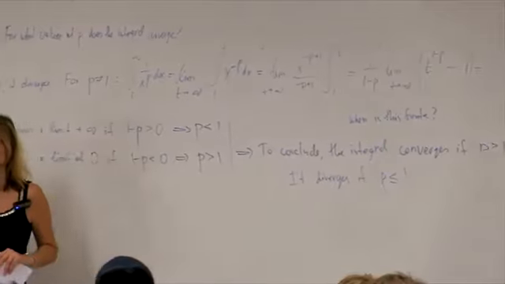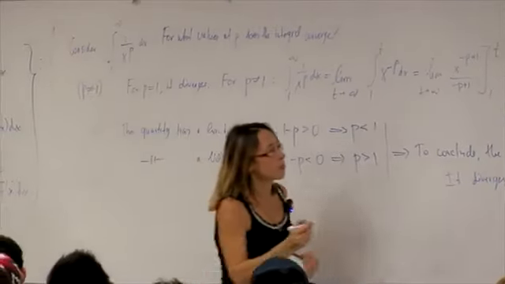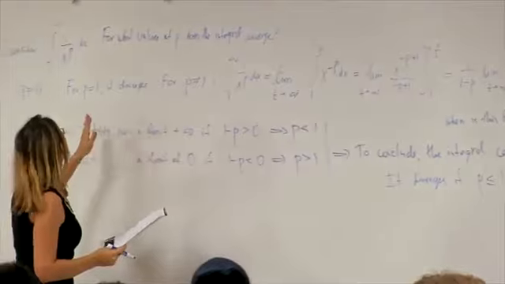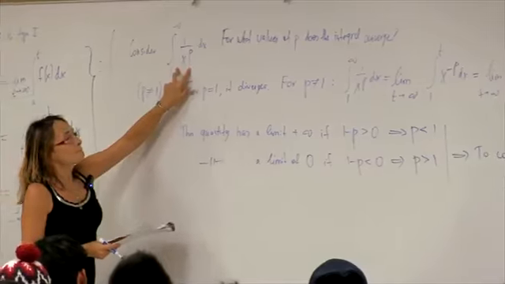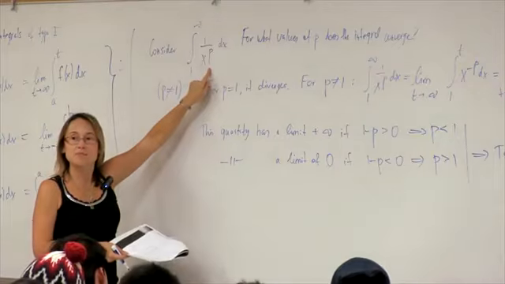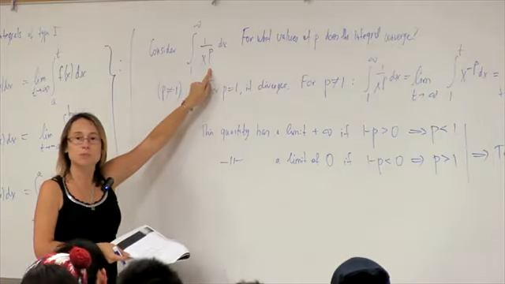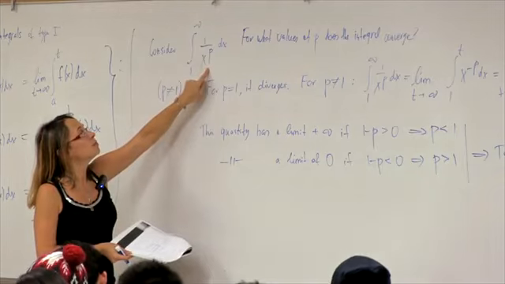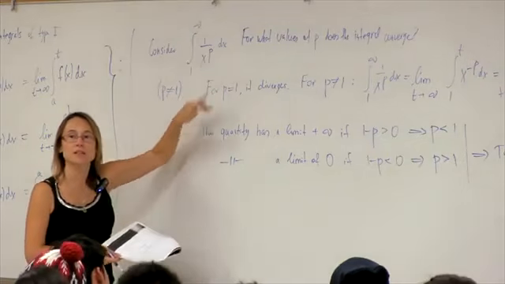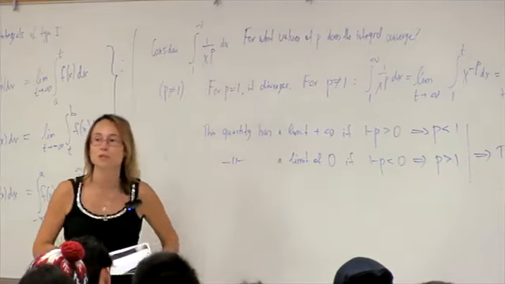We know the equality from before. So if we look at this original expression, a large value of p means that it decays very fast, and then it converges. A small value of p means that it doesn't decay fast enough, and the area becomes infinite. Questions?